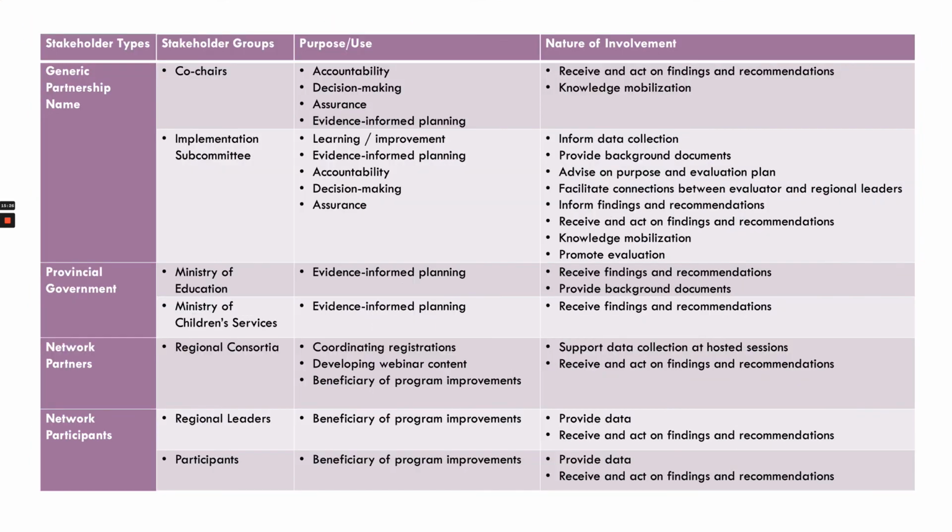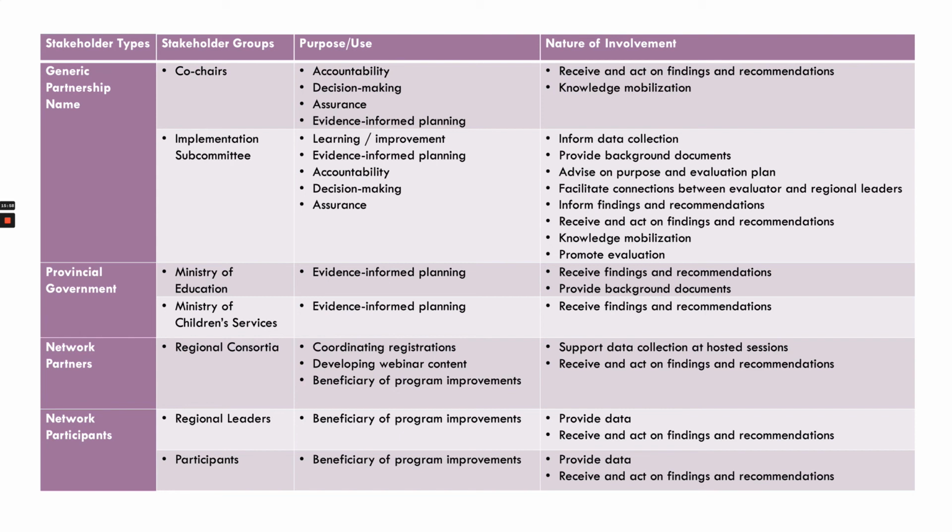Another example that we've worked on here, and I've just kind of de-identified it a little bit. So you'll see under the stakeholder types there's a generic partnership name. Obviously, this organization does have a real name, but we've got some government partners in here. We've got some different network members within this initiative that we're looking at, and different types of participants in here as well.